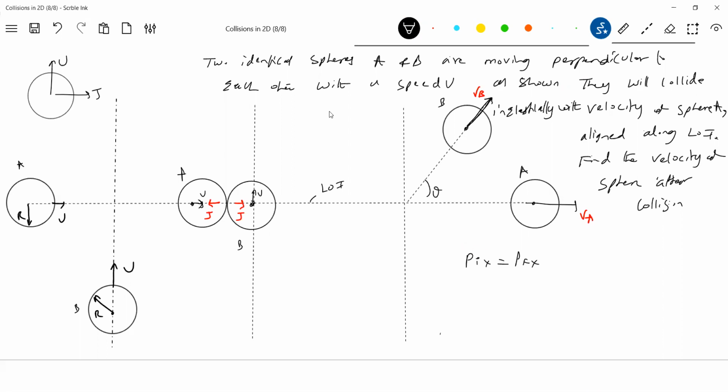Initial momentum along x equals final momentum along x. Both spheres are of the same mass; if you want, you can take different masses M1, M2, but let me pick the same mass here. So mu is equal to M VA plus M VB cos theta.